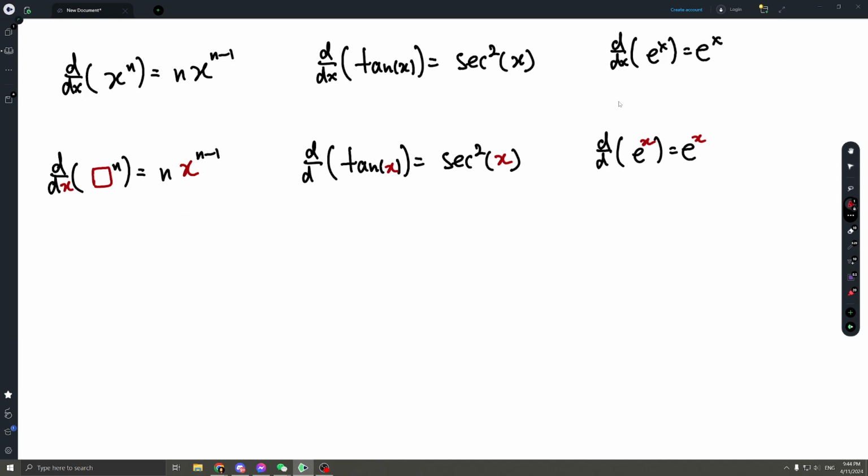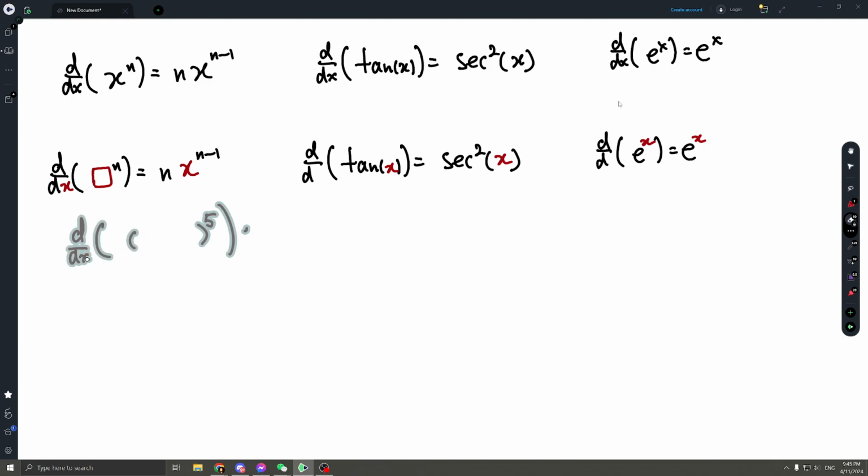For instance, if I have d/dx of (2x plus 3) to the power of 5, if you just ignore whatever's on the inside, this takes the form of a power rule formula, right? And of course, you have to multiply by the derivative later on, as the chain rule states.